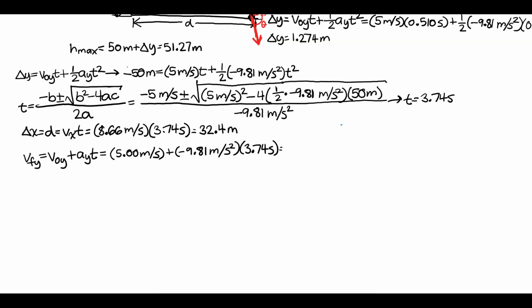And what do we get? We get 5 plus negative 9.81 times 3.74, and we get negative 31.7 meters per second.